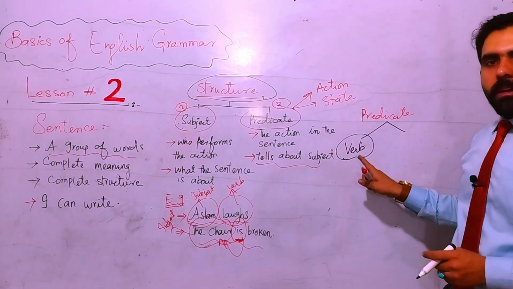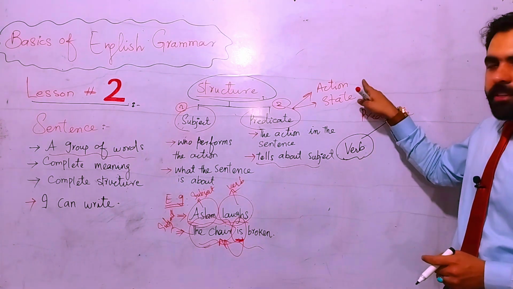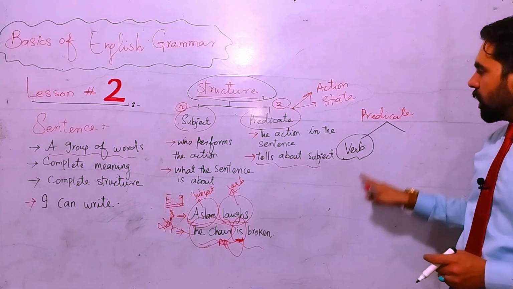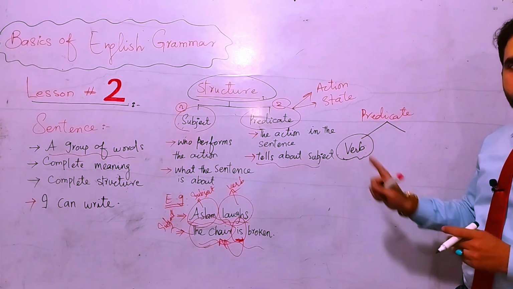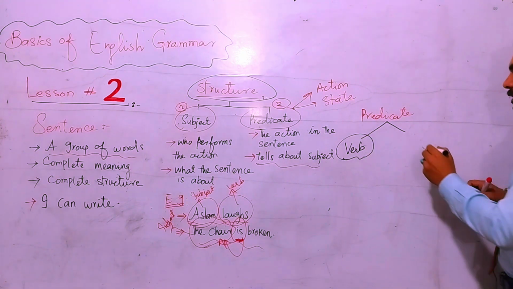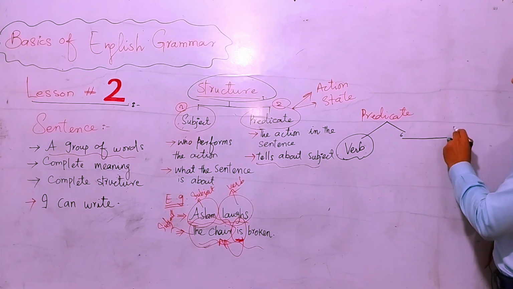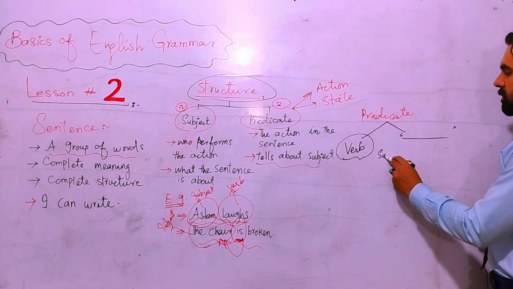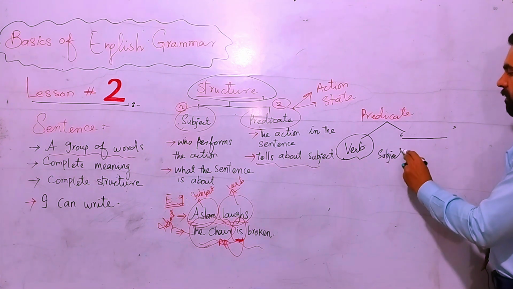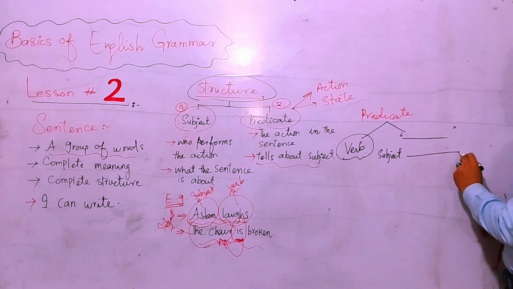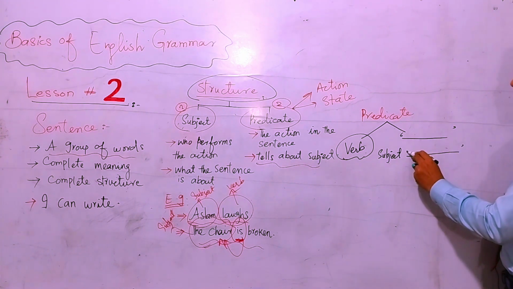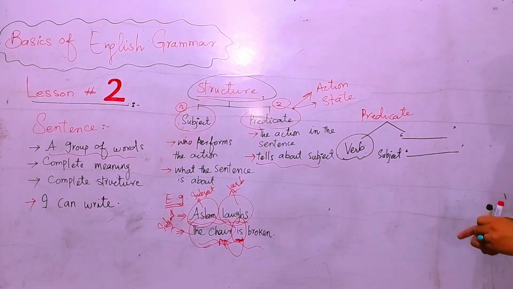All verbs that show either actions or states are called predicates. Okay, the second definition is the whole sentence except the subject. If I say after the subject, the whole sentence is called the predicate.